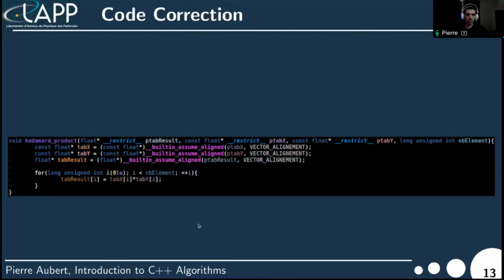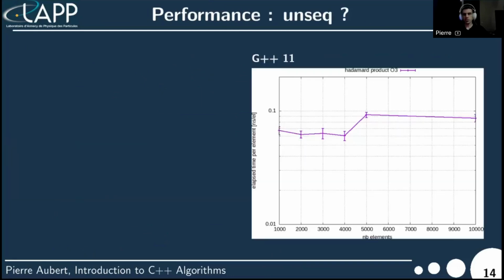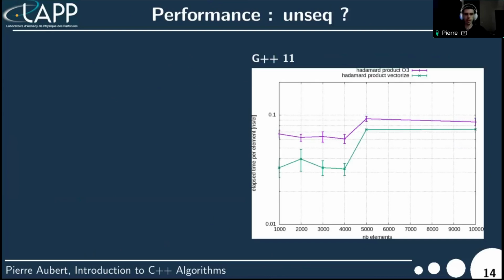So in terms of corrections, we have the for loop here, and I have to just tell the compiler that my vector will be aligned, my pointer will be aligned, and the restrict keyword here to tell the compiler that I will not have overlap on the arrays. So if I do that, I compare to the Adam product O3, classic O3 optimization.